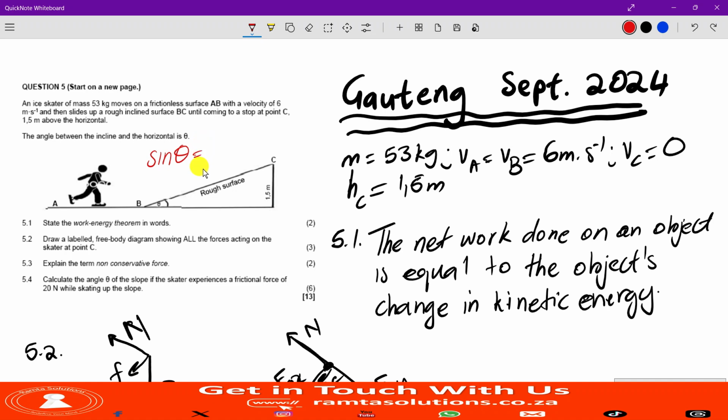We're going to call this part here delta x. So this will be 1.5 over delta x. It means delta x will be 1.5 over sine theta.